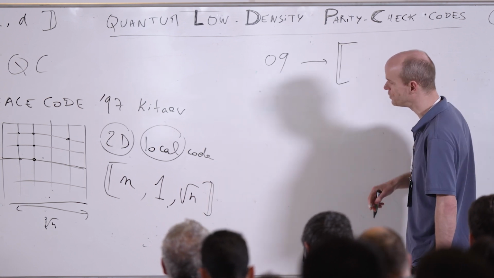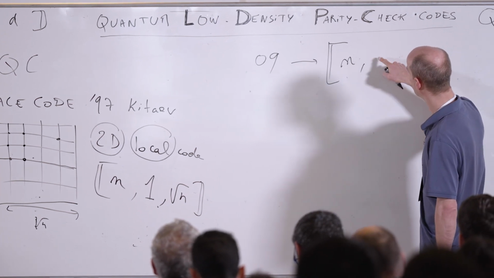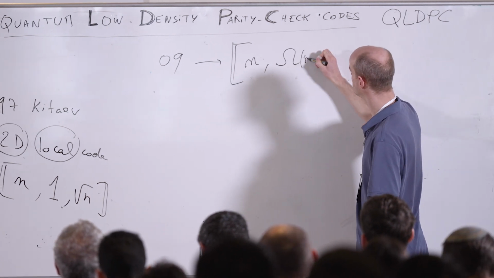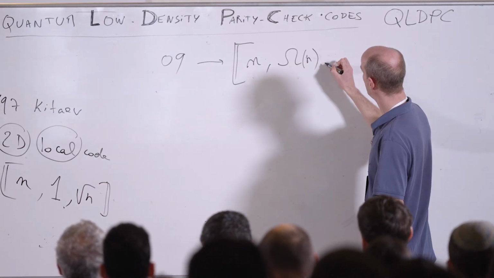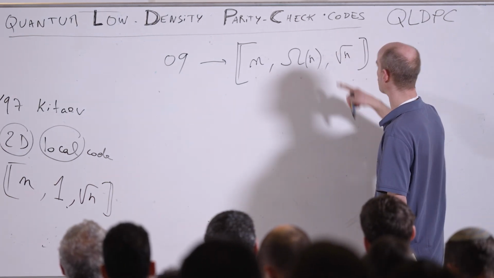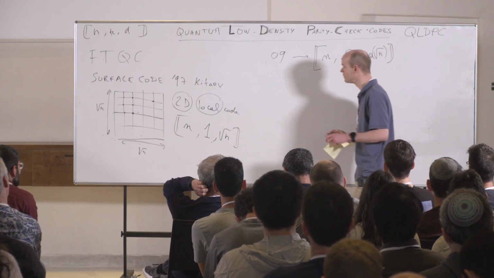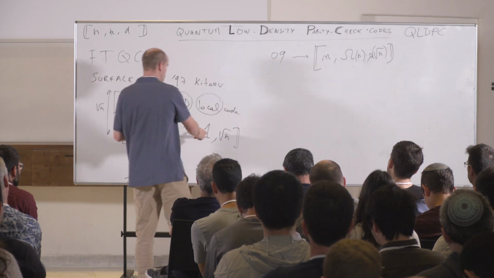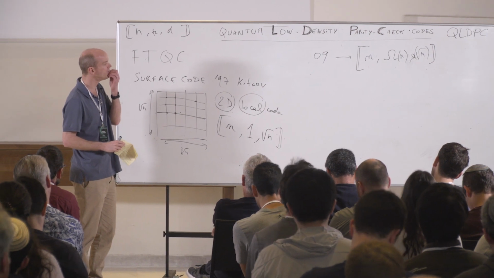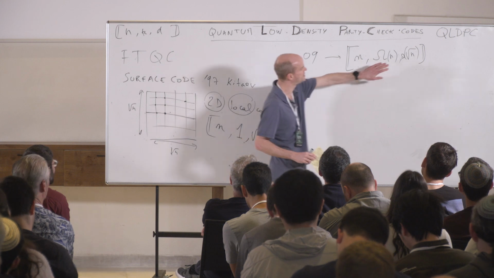They showed that you could do better than the surface code, with n qubits, a number of logical qubits scaling linearly with n, and the distance was still square root n, or a constant times square root n. That was like 15 years ago, so people realized that you could increase the dimension of your code like this. And then for more than 10 years, people have tried to improve this bound on the distance.